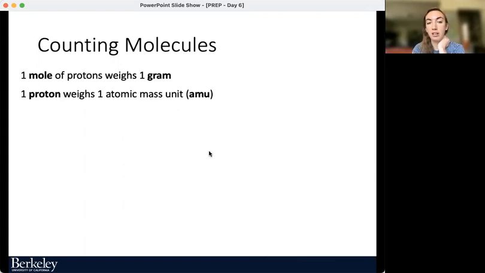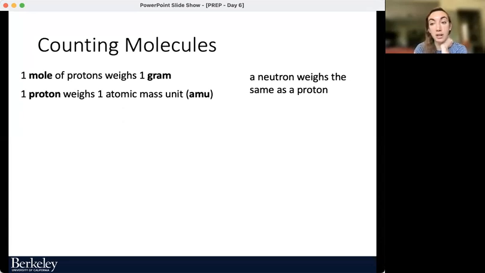So a mole of protons weighs a gram, and 1 proton weighs 1 atomic mass unit. And we also know that a neutron weighs the same as a proton. So also 1 mole of neutrons weighs 1 gram, and 1 neutron weighs 1 atomic mass unit.